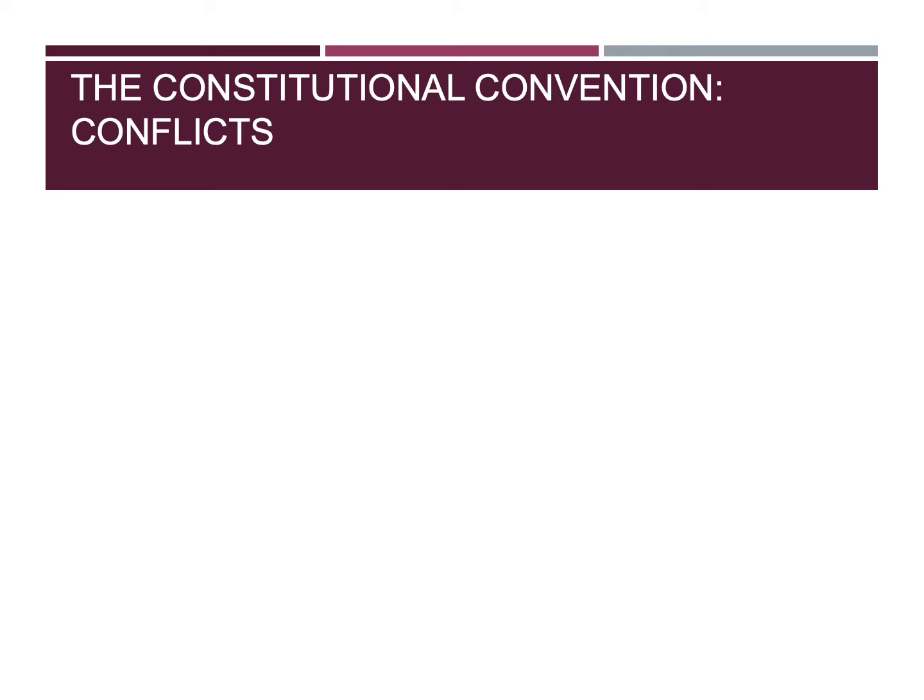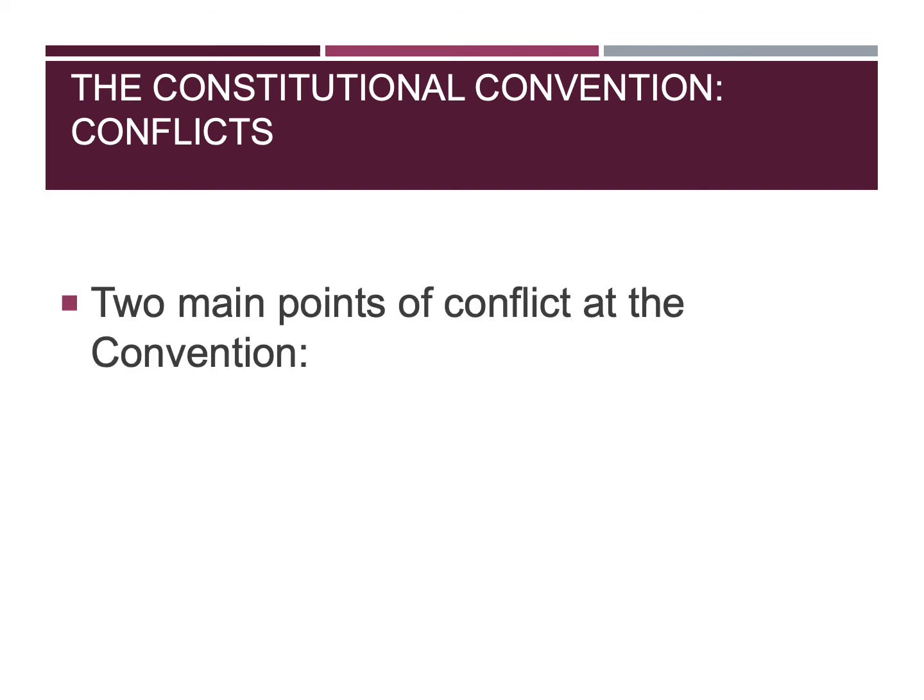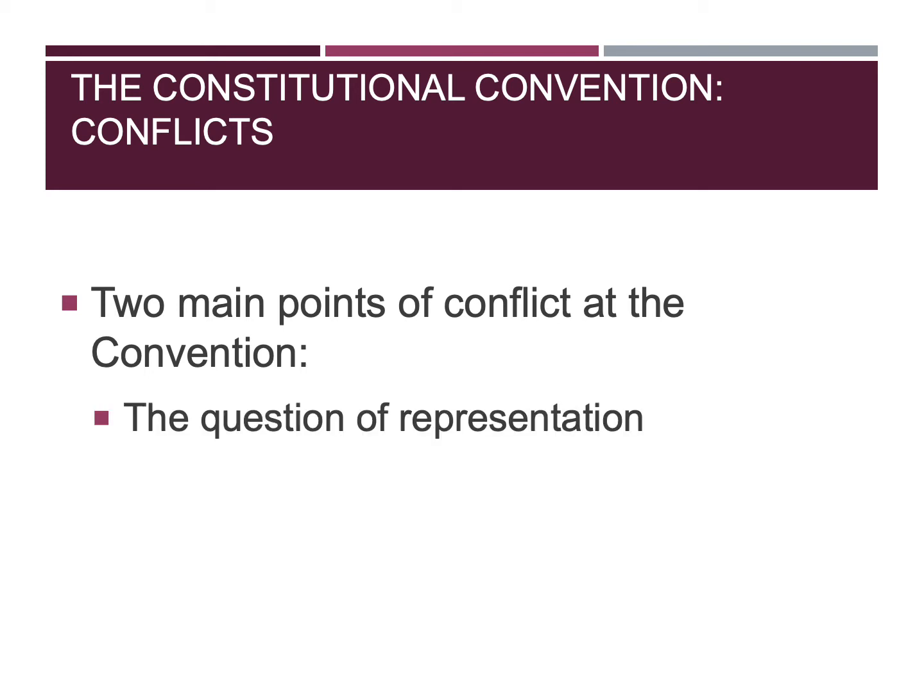The first thing that we're going to look at regarding the Constitutional Convention is the points of contention, where the delegates were in conflict with each other. Your textbook points out that there are two main points of conflict at the Constitution. One is the question of representation.